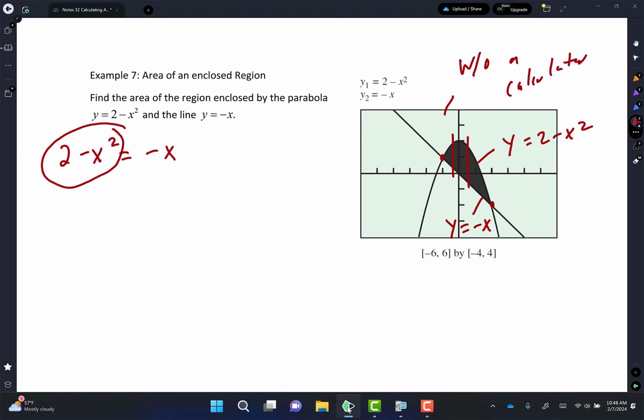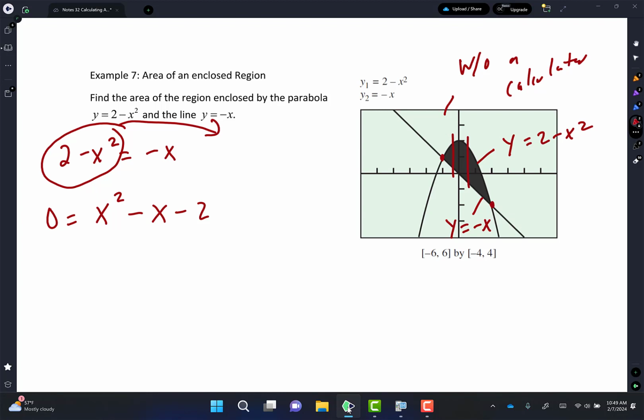I'm going to move this to the right because I like to have a positive x squared, my highest degree positive. So 0 equals x squared minus x plus 2. Oh, did I make any mistakes? Maybe I need a calculator for both. Your x is positive because you moved it over. Oh, this is minus 2. Thank you, guys.